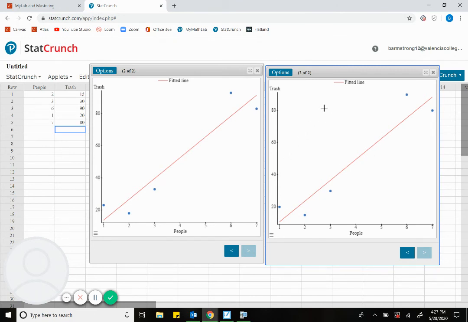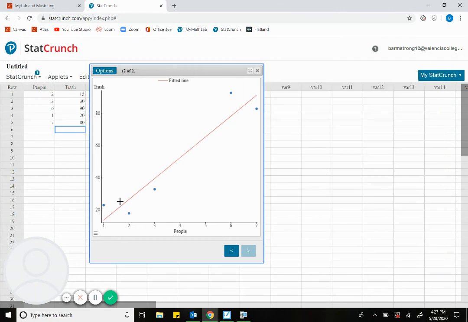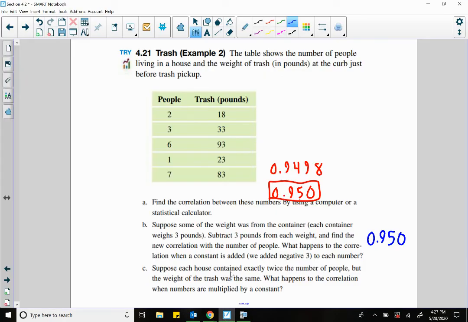And the same thing happens if I multiply everybody by a constant, which is what part C is about. So part C says, what if there are twice the number of people in the houses, but the weight stayed the same? So we're going to keep that same weight that we did over here. We added and subtracted the constant, right?